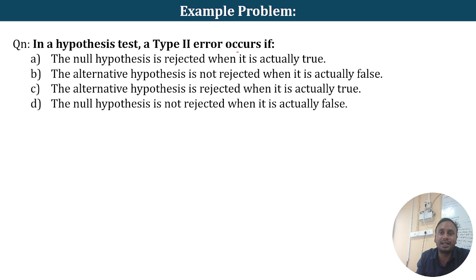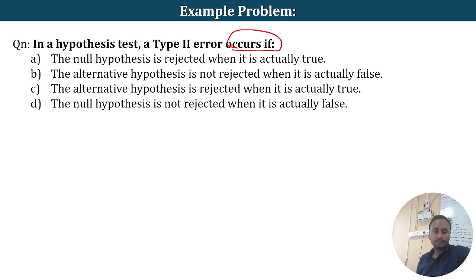Okay. Can you tell me about the hypothesis test? When will a type 2 error occur? Just tell me. The null hypothesis is rejected when it is actually true.